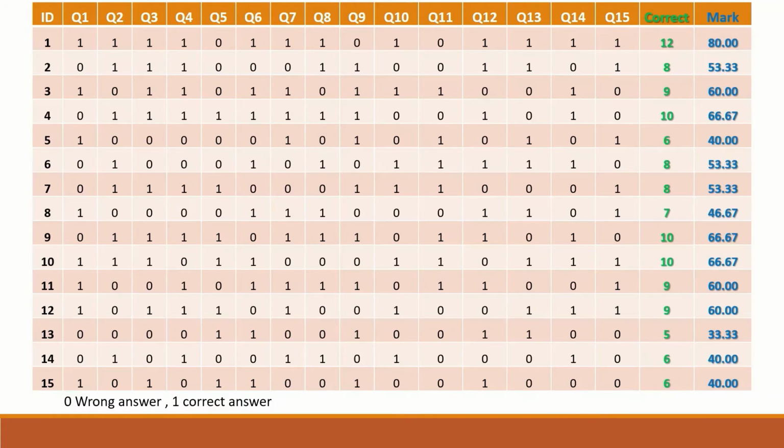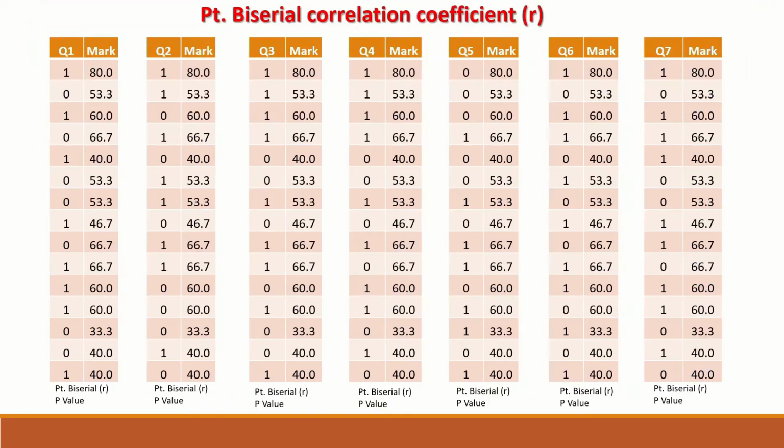and the test will correlate the scores in each question with the total mark, as shown again in this slide. To calculate the R, which is the coefficient, or to execute the point biserial correlation statistical test, take every question with its scores 0 and 1, and correlate that with the total mark for the whole set of students.